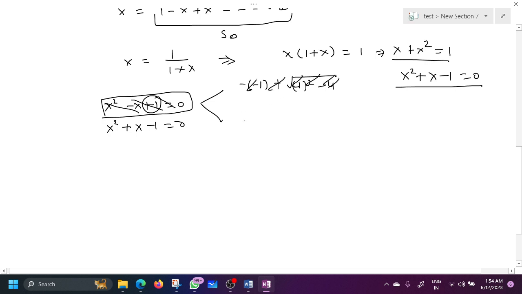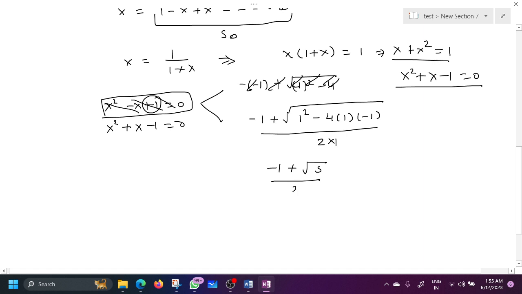The first value is minus 1 plus under root of 1 square minus 4 into a is 1 and c is minus 1. b square minus 4ac, we are using the quadratic formula, upon 2 into 1. So which will be minus 1 plus root 5 upon 2.